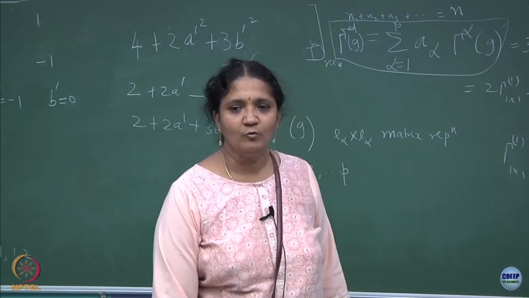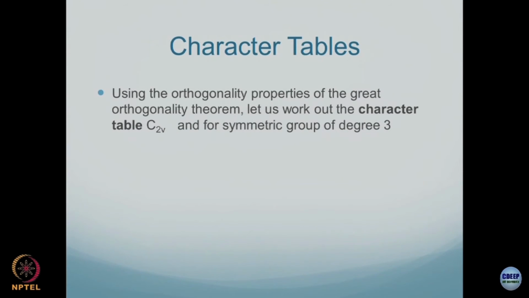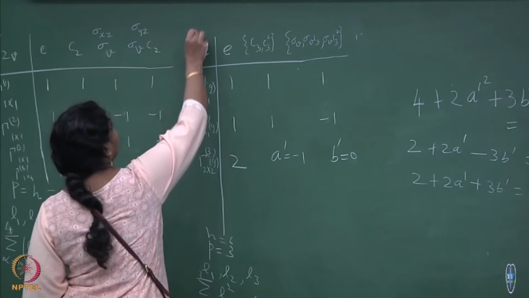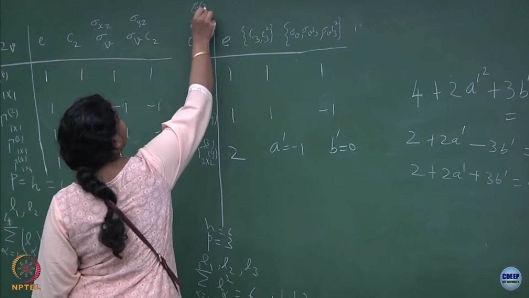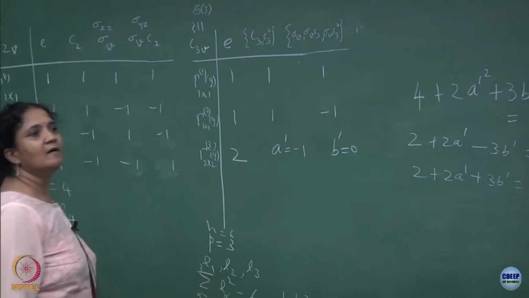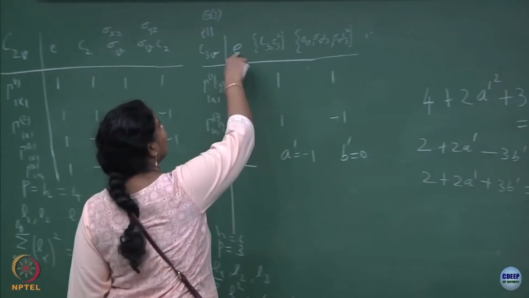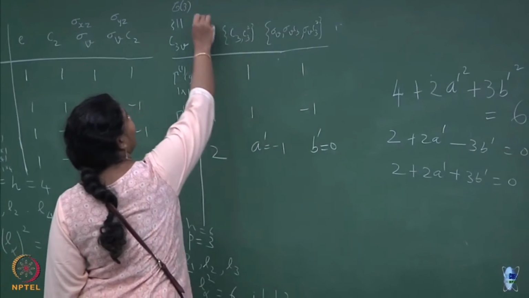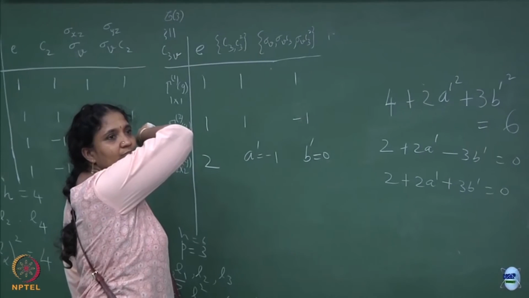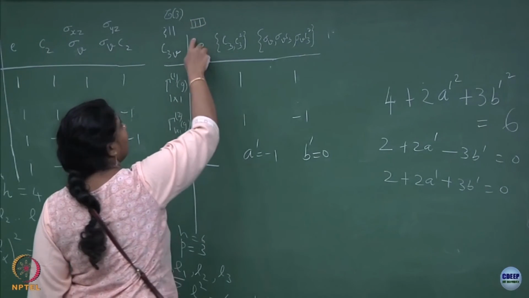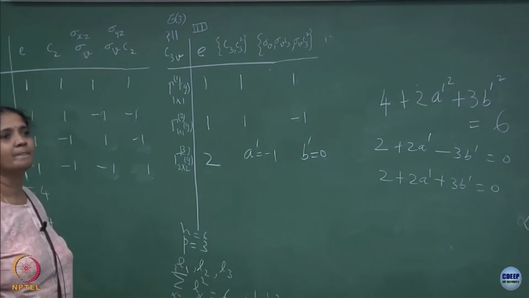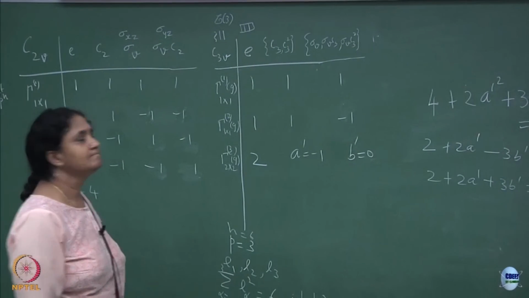The same thing you could have done for the symmetric group of degree 3, there is no change. How will you do it for the symmetric group of degree 3? This is isomorphic to symmetric group of degree 3, right. You can represent these classes by diagrams. This class has 3 1-cycles, right.